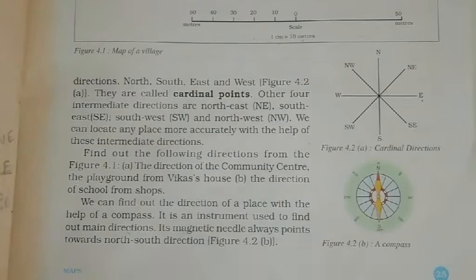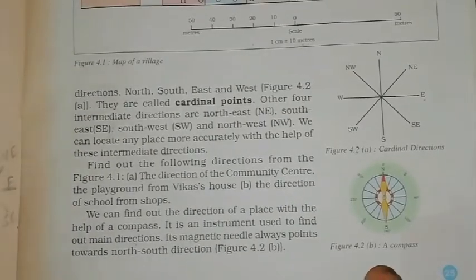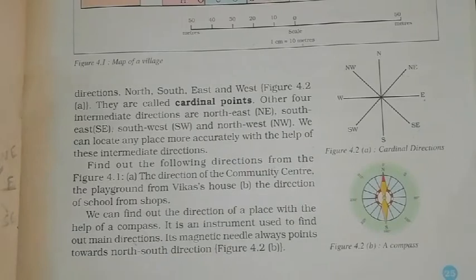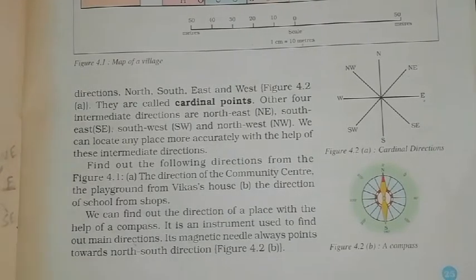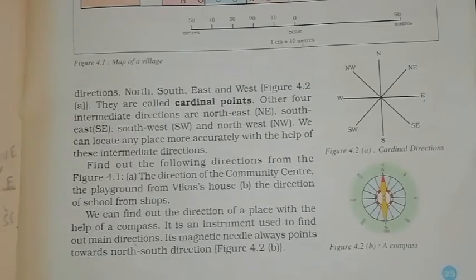You can practice this on your mobile phone also. In every phone there is a compass, so you just have to open it and take a round, and you will easily recognize which direction is north and which one is south.